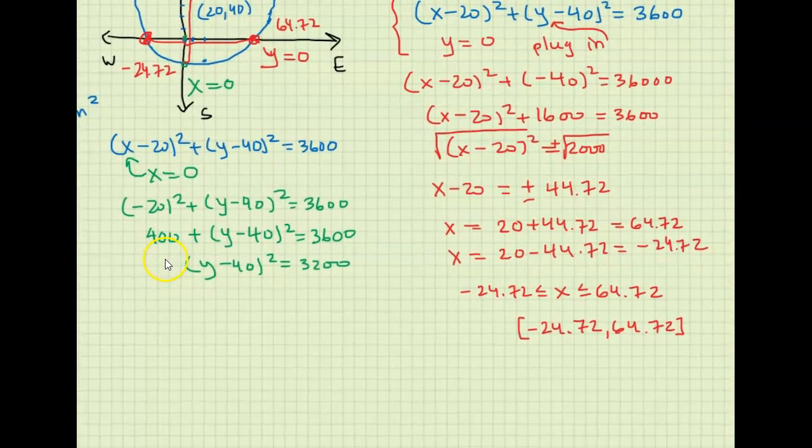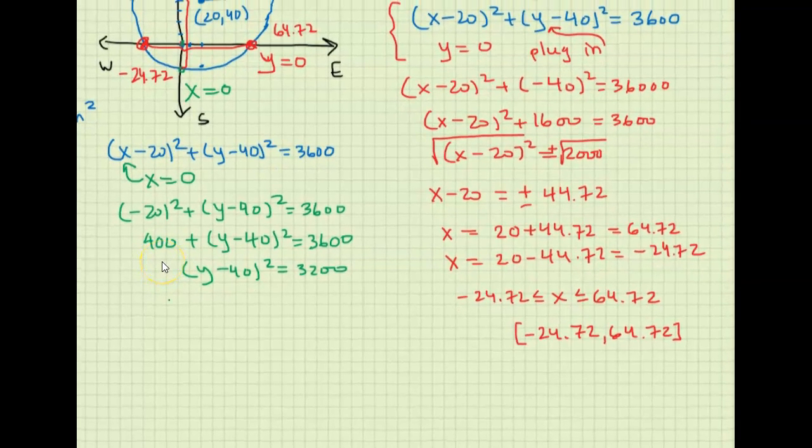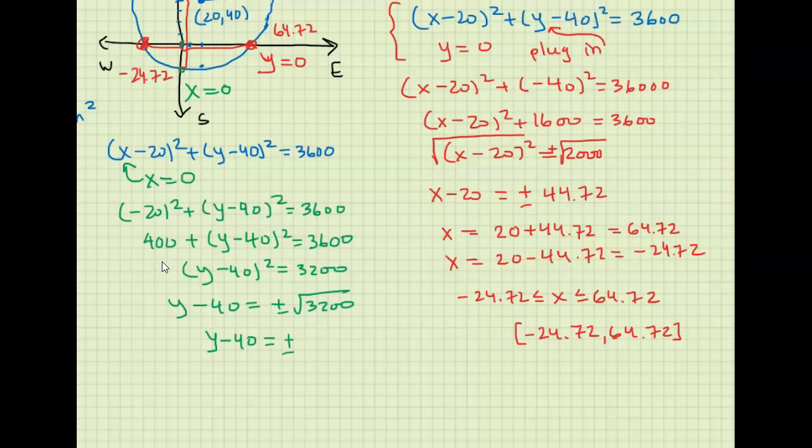Take the square root of both sides with the plus or minus. Plus or minus the square root of 3200. y minus 40 equals plus or minus 56.57.